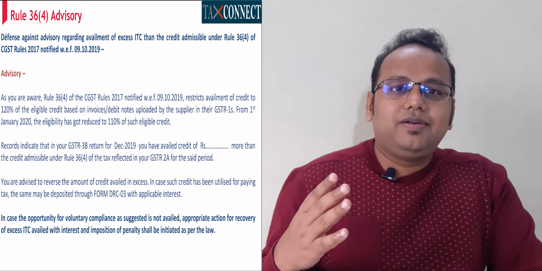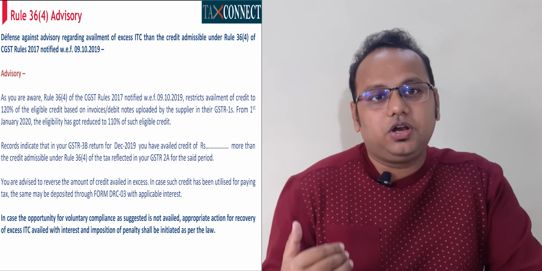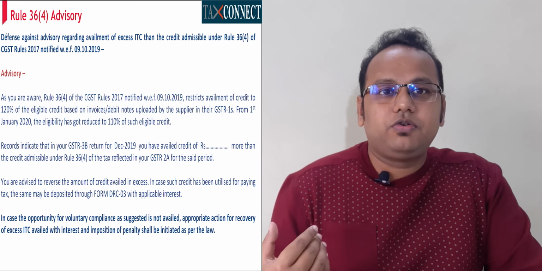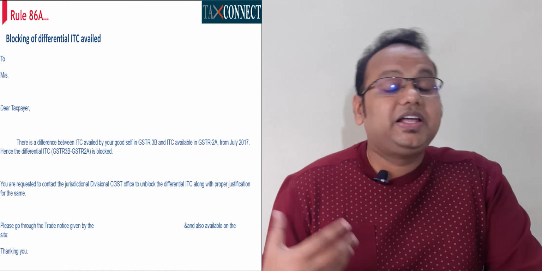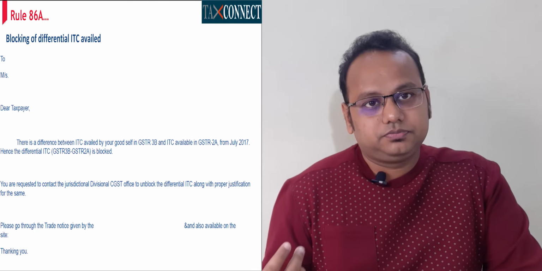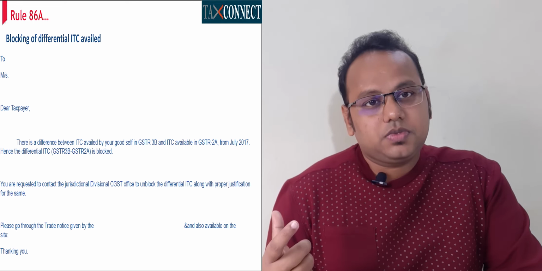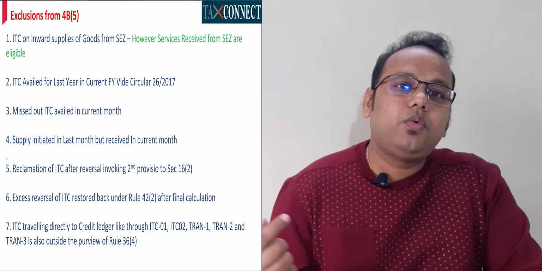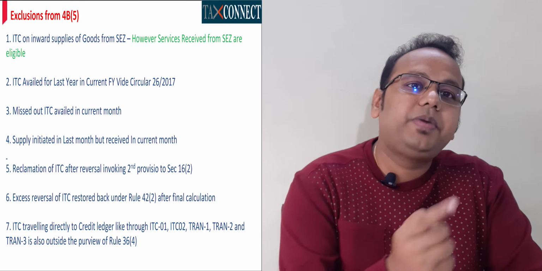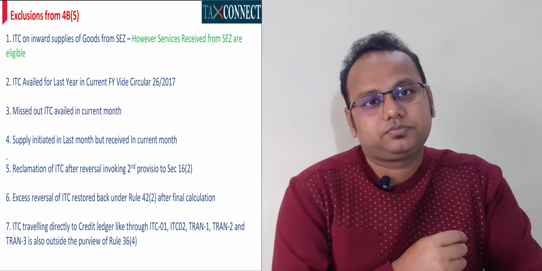Now again, these are some of the fallacies of data analytics. While technology and data analytics are really helpful in taxation, there are certain drawbacks. What the data analytics of the GST network does is that it compares the 2A with the ITC availed in table number 4B5, that is all other ITC of GSTR 3B.